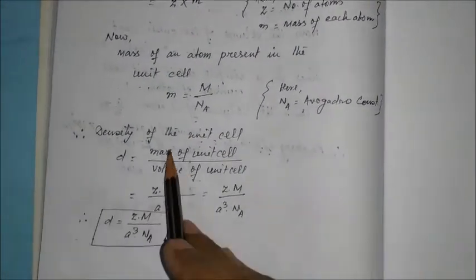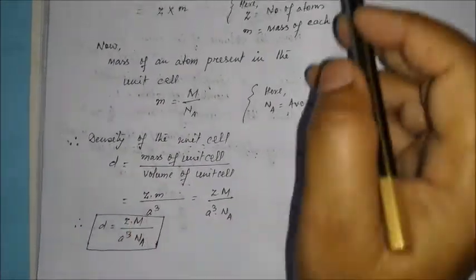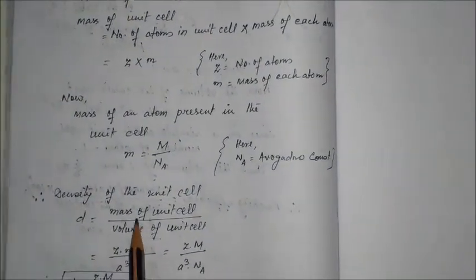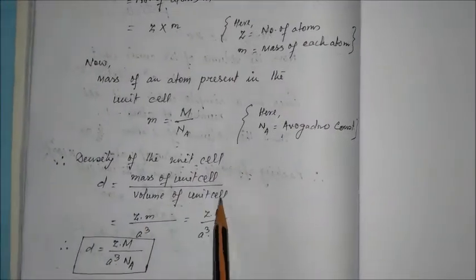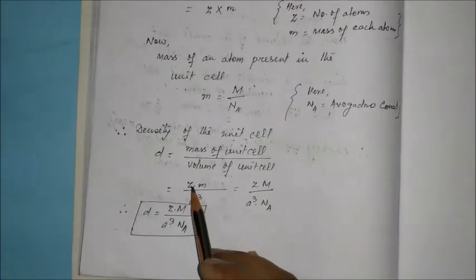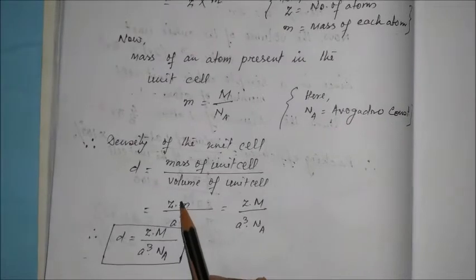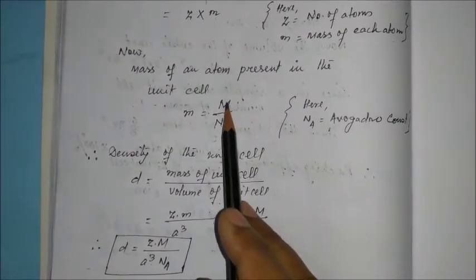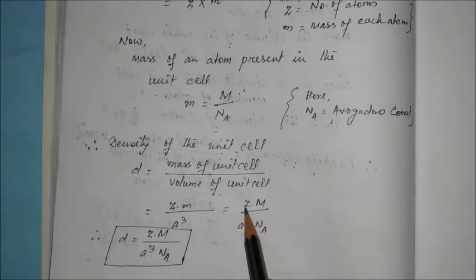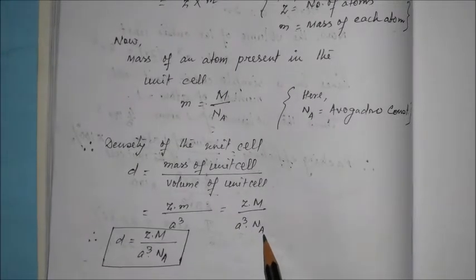Therefore the density of the unit cell, represented by d, is equal to the mass of the unit cell divided by the volume of the unit cell. When we put in the values, we get z into m divided by a cube. Putting the value of small m as capital M by Na, we get d is equal to z into capital M divided by a cube into Na.